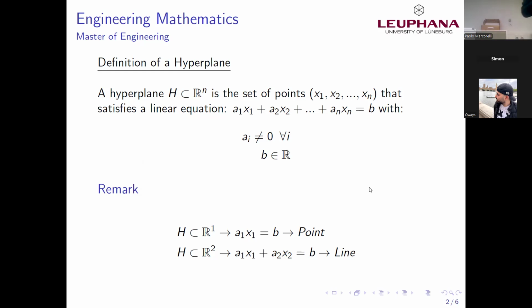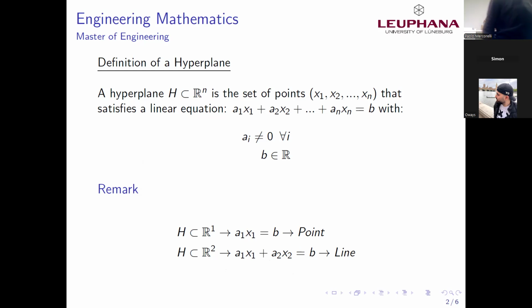We can see the line, in fact, if H, this set of points, belongs to R up to 2, we have this expression here. You remember, a1 multiplied by x plus a2 multiplied by y equals b. We have seen it today. This is the line. Instead of x1 and x2, I am calling x and y. We have seen also today that this expression represents a line. You remember, I don't remember, it was y equals minus x plus 1, something like that, in which b equals 1.